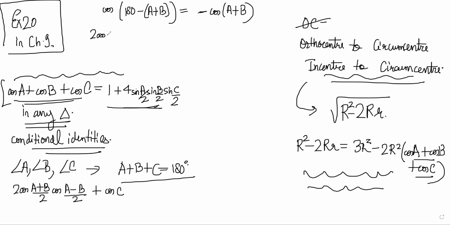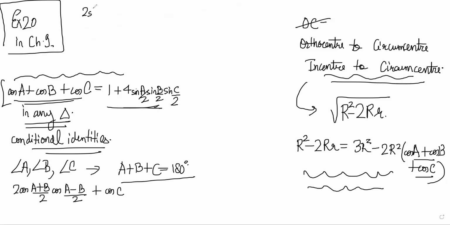Actually, I didn't need to do that. I could have done it in a slightly different way. So when I have a 2 cos A plus B by 2 here, it can be written as 2 cos 90 minus C by 2, which will be 2 sin C by 2, right?